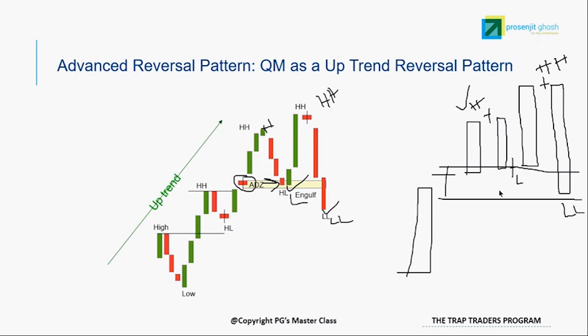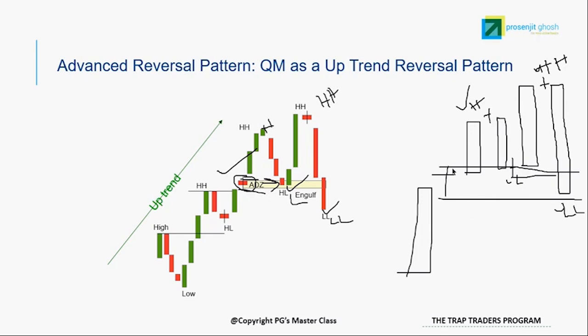It is a lower low because it has engulfed the low. But the only difference between these two is that in this case, price not only engulfed the low and created a lower low, but also engulfed the zone which created the low.